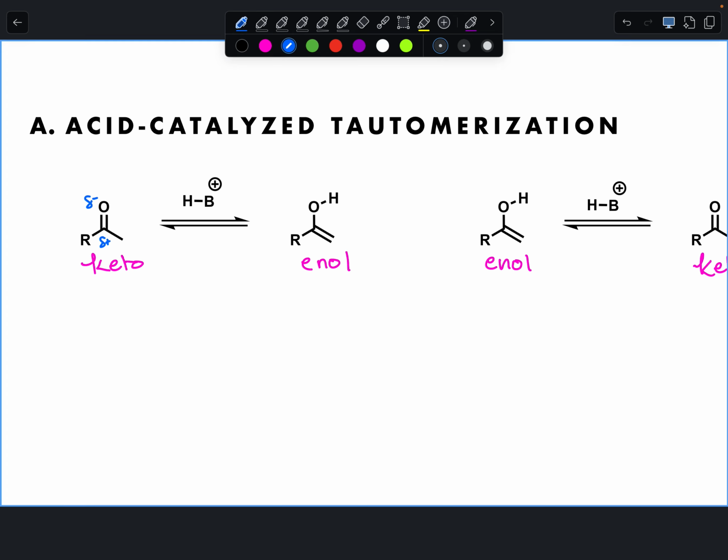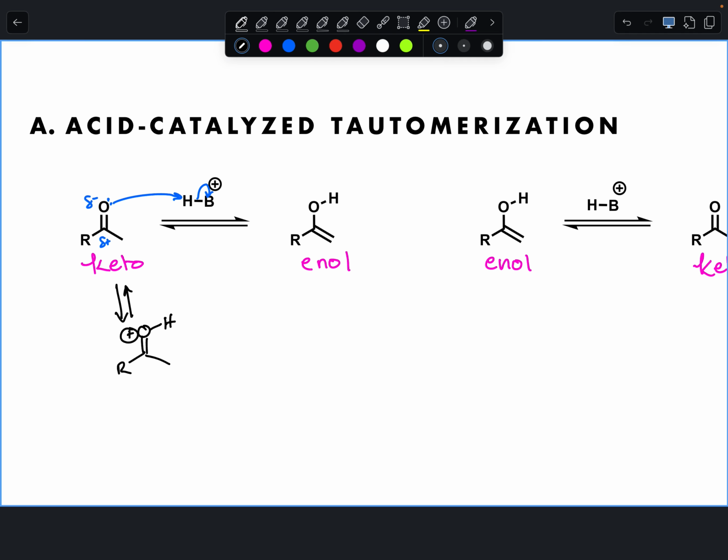Okay? All right, so let's talk about the acidity of these alpha protons. So we said a minute ago that a regular sp3 hybridized carbon has a pKa around 50, okay?